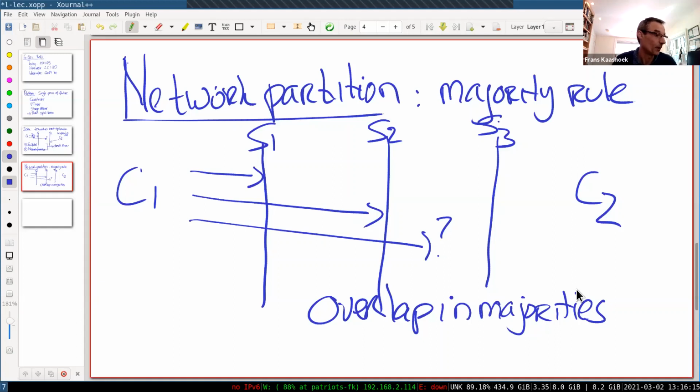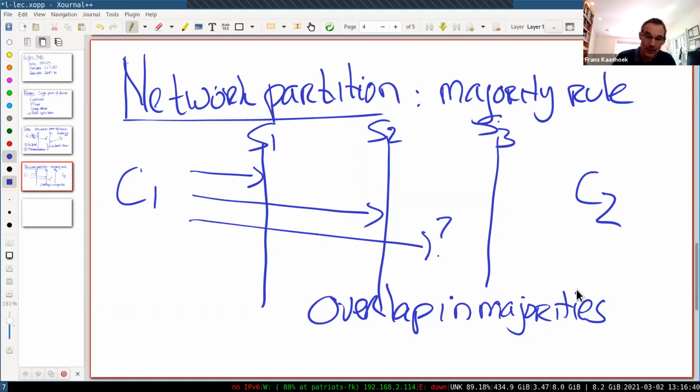And as part of that voting, there's going to be one follower that has seen the last operation performed by the last leader. And so that is going to be the building stone on which we can build these fault-tolerant services that can handle network partitions and failures of servers while still achieving strong consistency.